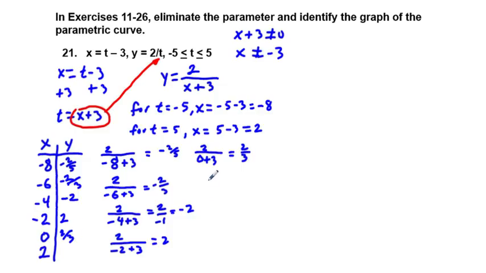And for 2, we have 2 over 2 plus 3 equals 2/5. So here we have 2/5. And now we can graph this.